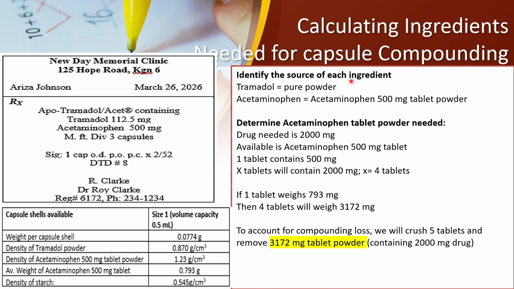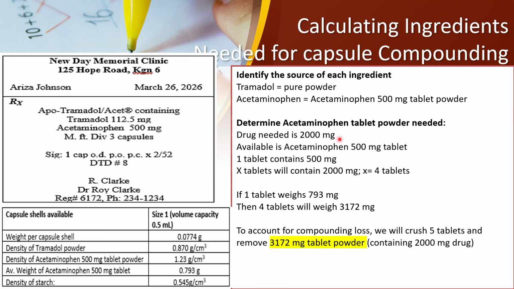We need to identify the source of each ingredient. Tramadol is the pure powder, as seen here in the table, density of tramadol powder. The acetaminophen is not the pure acetaminophen powder, it is the acetaminophen 500 milligram tablet powder. So we have to now calculate the number of tablets that will furnish us with the amount of acetaminophen that we need for our capsules.